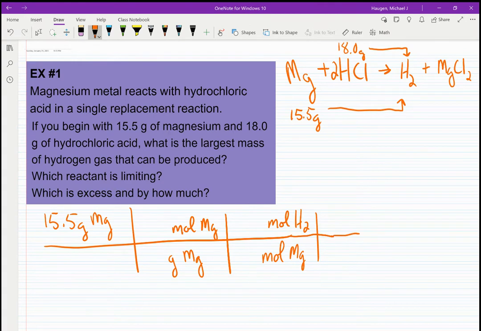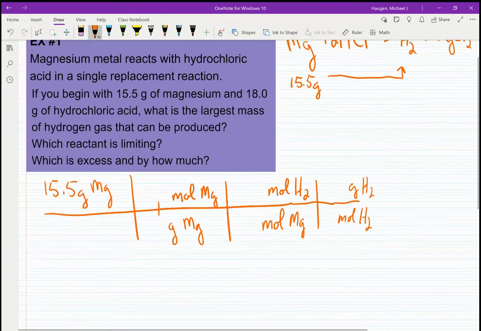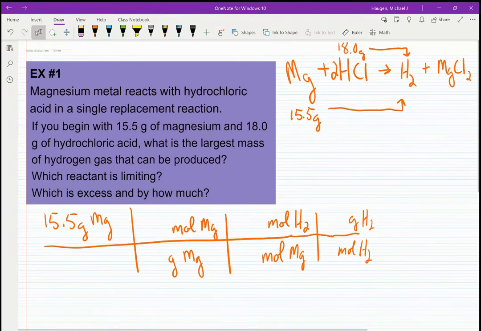And then I can go from moles of H2 into grams of H2. And so now filling this in, 1 mole of magnesium, off the periodic table, we know that 1 mole is 24 grams.